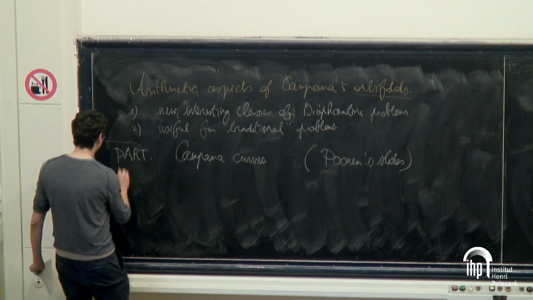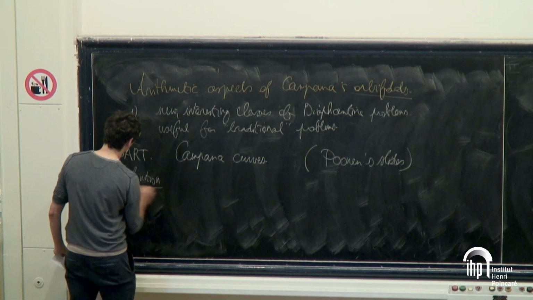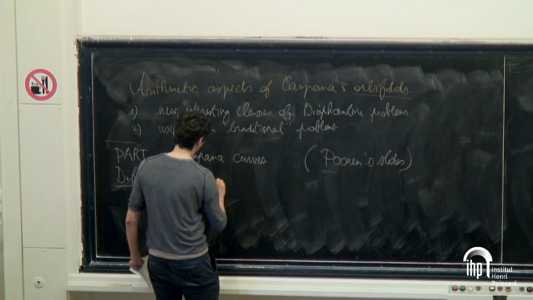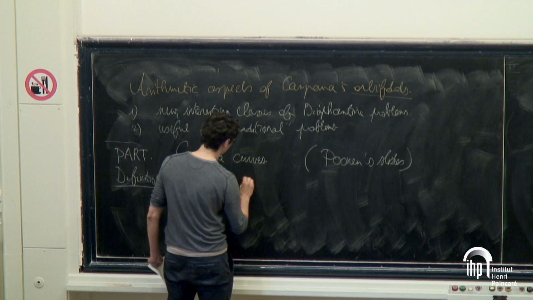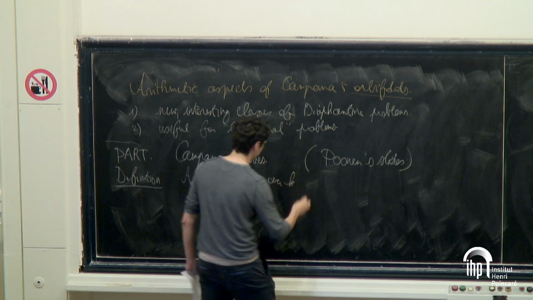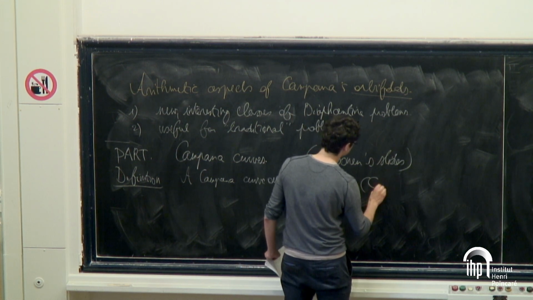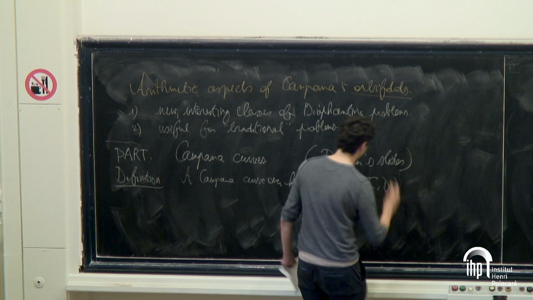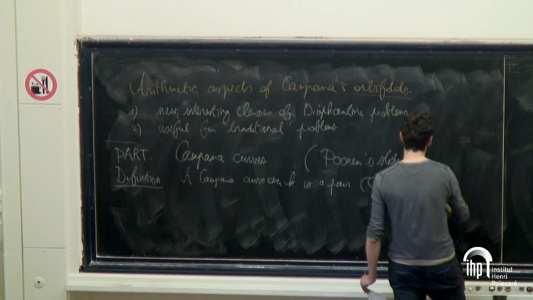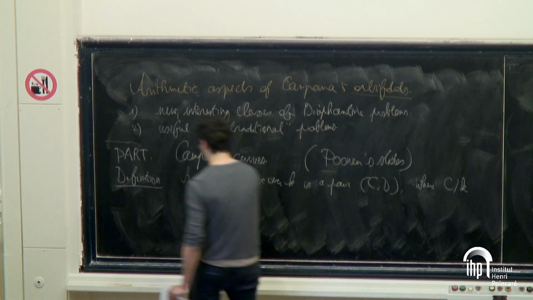So a definition. A Campana curve, say over some field K, is a pair consisting of a curve C and a Q divisor D. So C is a smooth and projective curve.